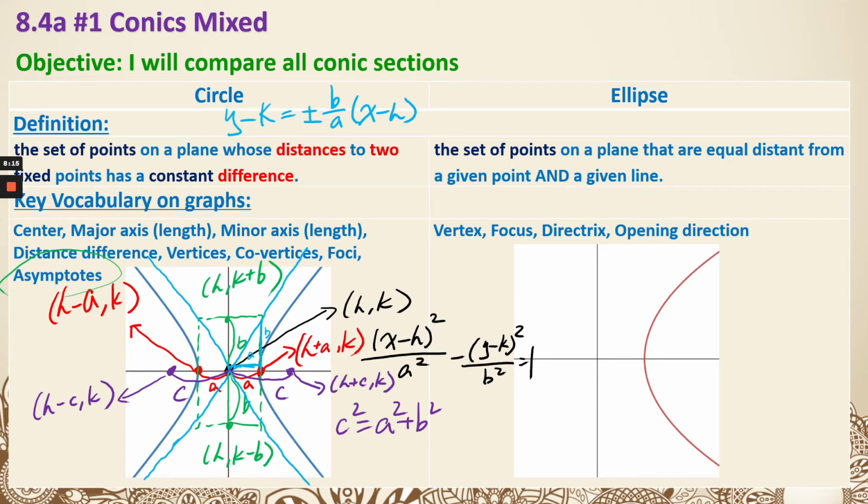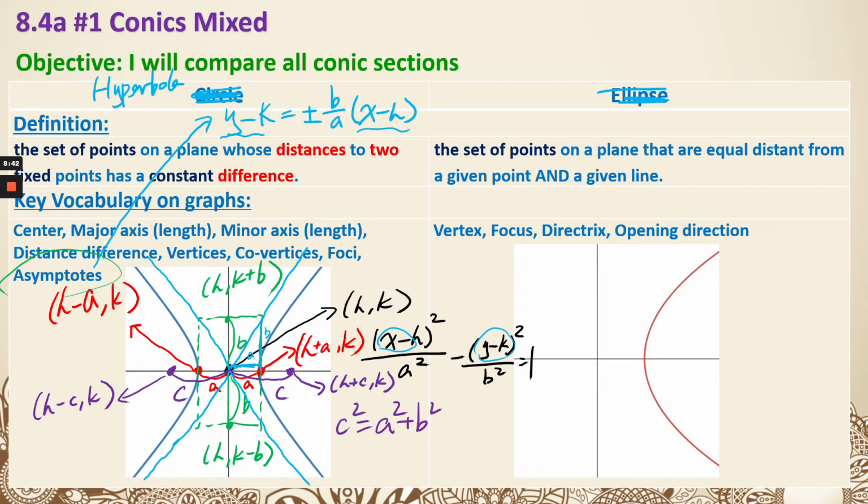And of course, we have one going up left and one going up right. That's why we have a plus and minus b over a. As for the rest, y minus k is right here, x minus h is right here. So we can just use our equation to identify the other part of the equation for the asymptotes. So that's a hyperbola.